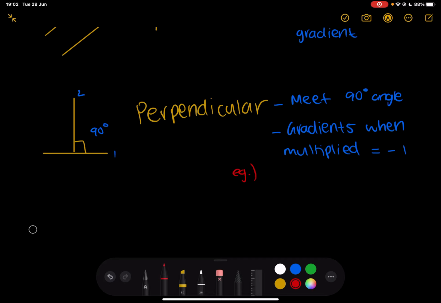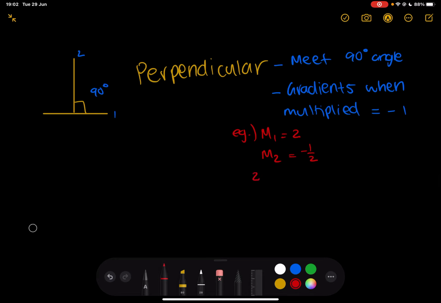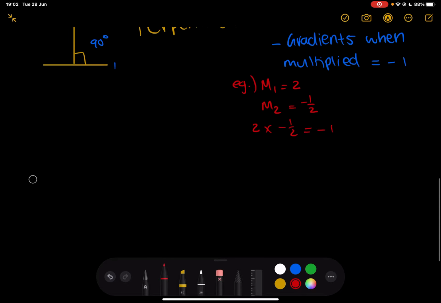If the gradient of line 1, m1, is equal to 2, m2, which is the gradient of the second line, will be equal to -½, right? So you can see that if we multiply the two gradients, we will get -1. So that's basically what that means.